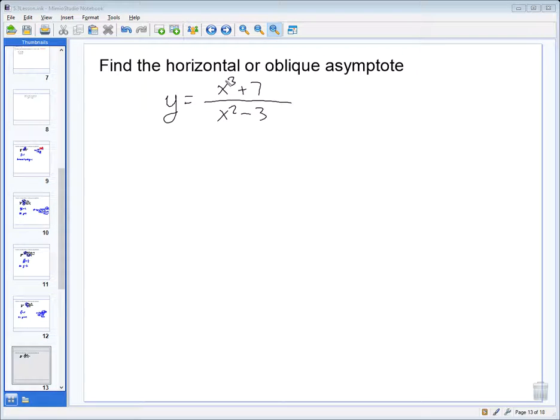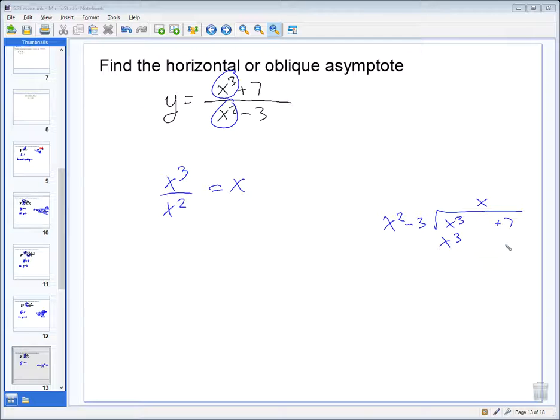So you can see that this one, again, we have x cubed divided by x squared. That one is going to be an oblique as well because we have an x left over. So we'd take x squared minus 3, and divide it into x cubed plus 7. X cubed divided by x squared is x.